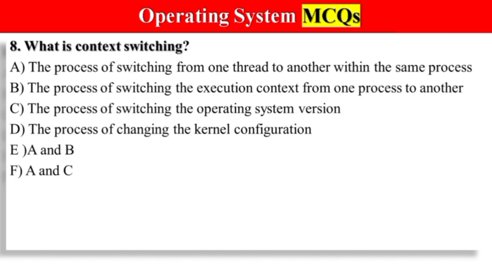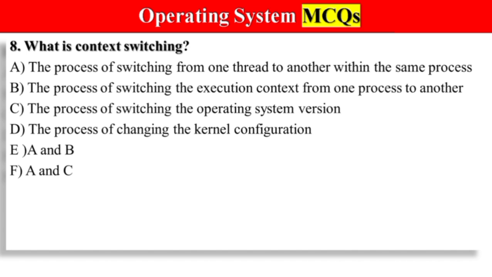Question number 8, what is context switching? A, the process of switching from one thread to another within the same process. B, the process of switching the execution context from one process to another. C, the process of switching the operating system version. D, the process of changing the kernel configuration.